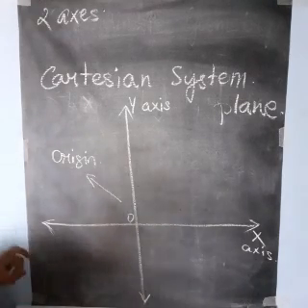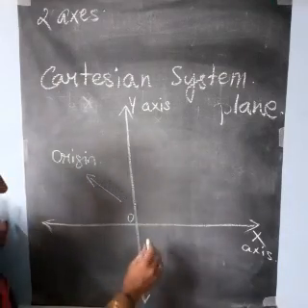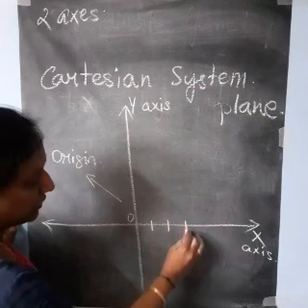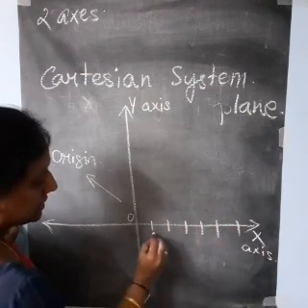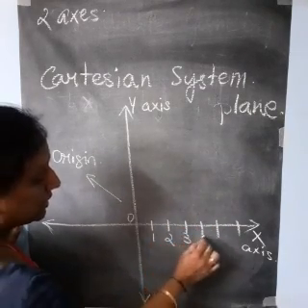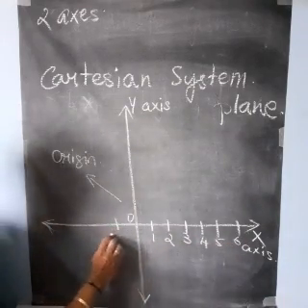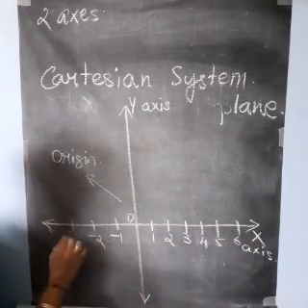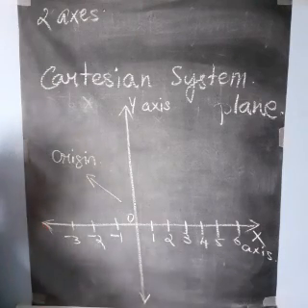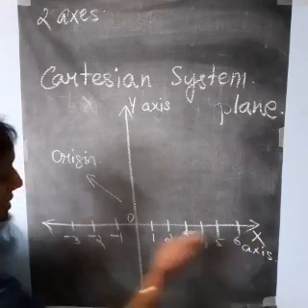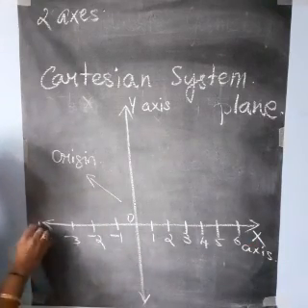As usual, like the number line, he gave the right hand side as positive: 1, 2, 3, 4, 5, 6. And this side will be negative: -1, -2, -3, etc. Because this side is negative, he named it x dash.